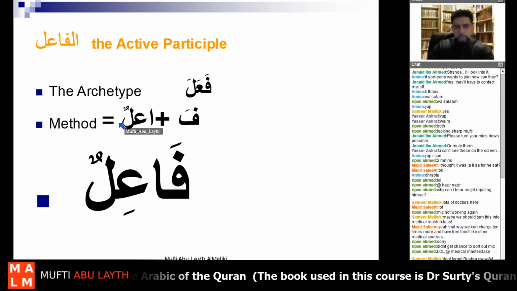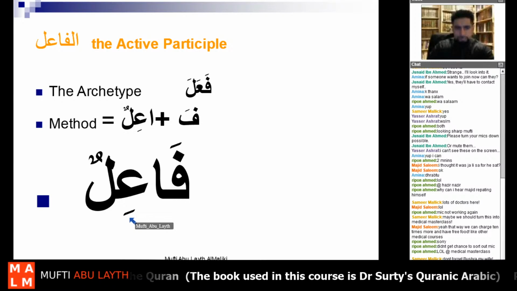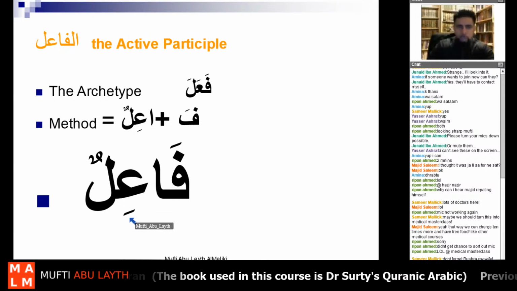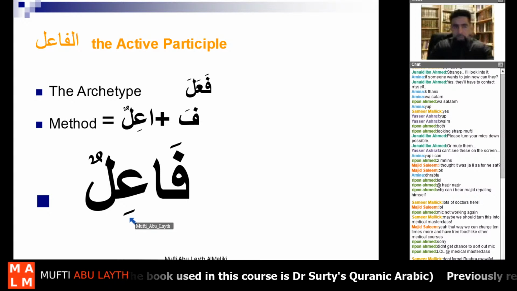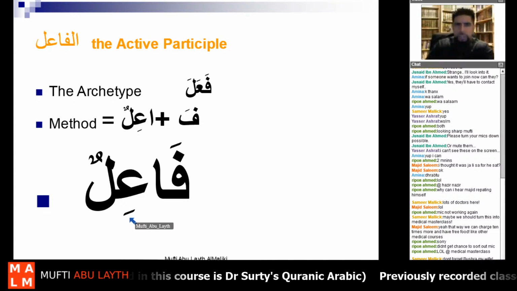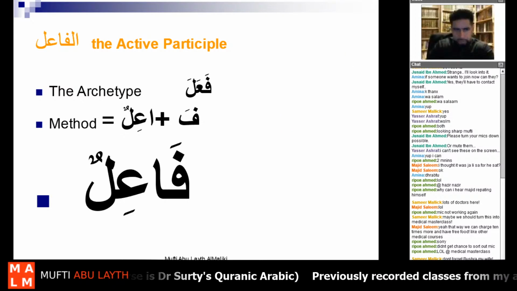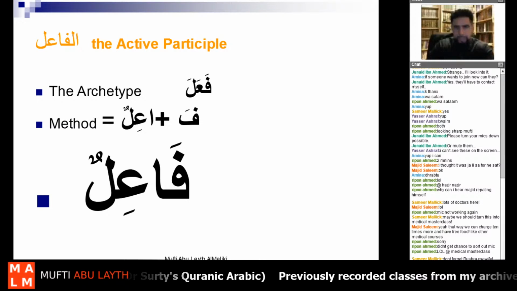Here it is written at the bottom, fa'ilun. And this will mean the doer, or the one that is doing that action. So what do I mean by that? Now this is our template. And remember, everything goes by templates now. So here we are, fa'ilun.